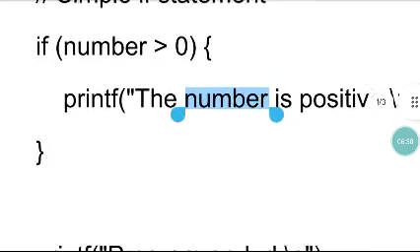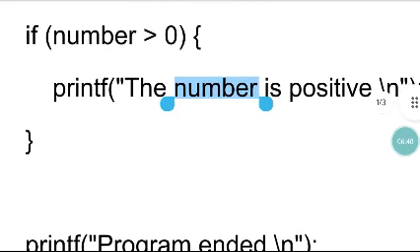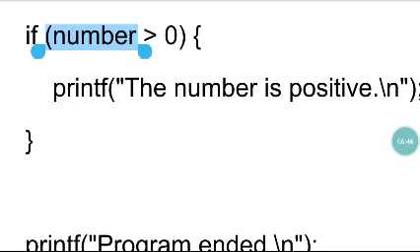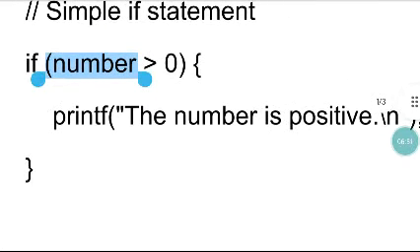This statement is the true part. The statement written just after this line is the true part. Where the false part will be written, I will tell you after some time.